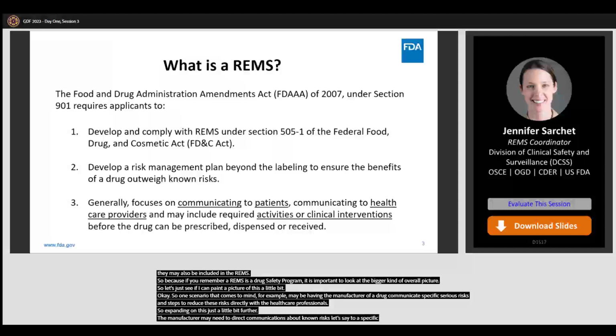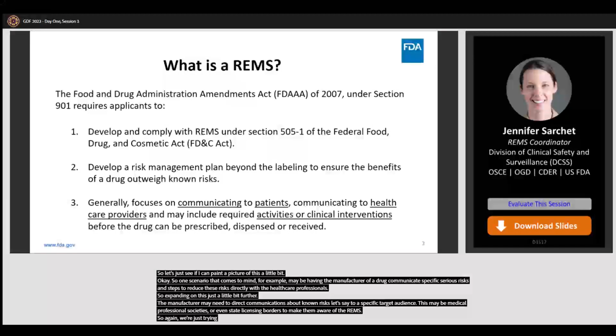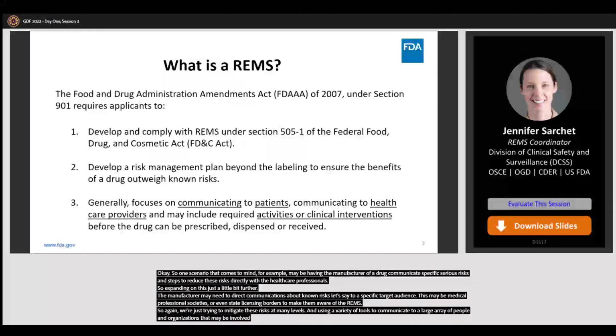This may be medical professional societies or even state licensing boards to make them aware of the REMS. Again, we're just trying to mitigate these risks at many levels and using a variety of tools to communicate to a large array of people and organizations that may be involved in drugs that have a REMS.